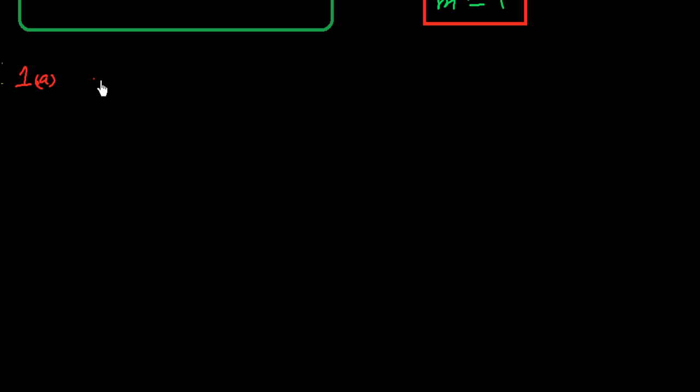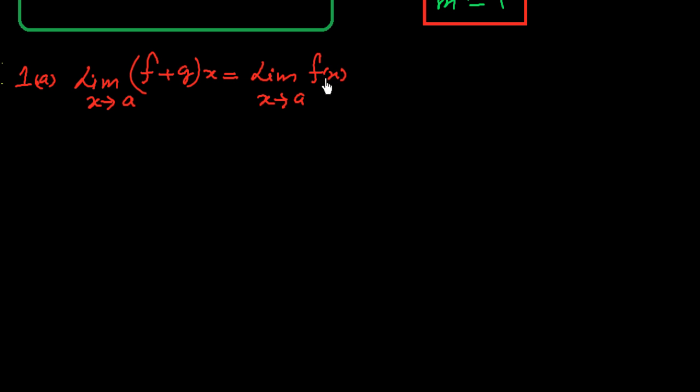You see what we have to verify: limit x tends to a of (f plus g)(x) is equal to limit x tends to a of f(x) plus limit x tends to a of g(x). We already know that the limit of f(x) as x tends to a is L, and the limit of g(x) as x tends to a is m. So it should be equal to L plus m.